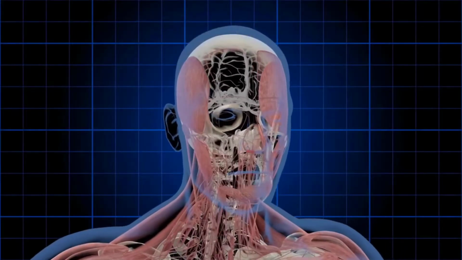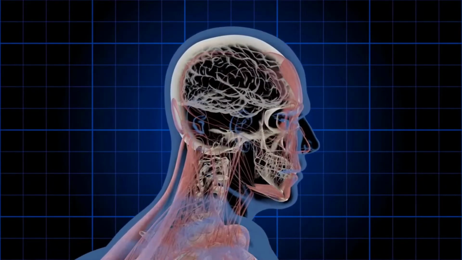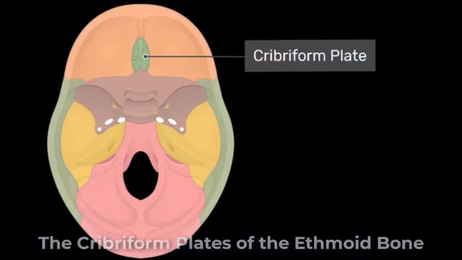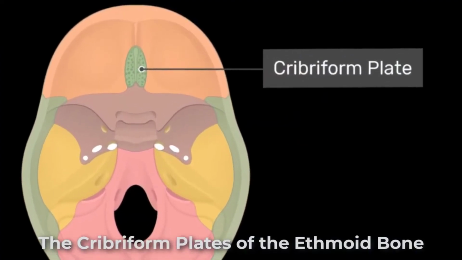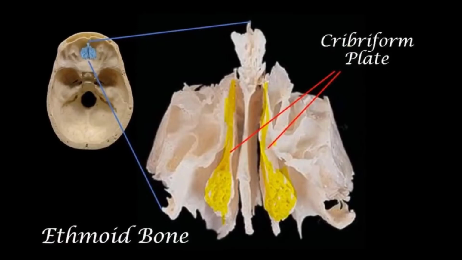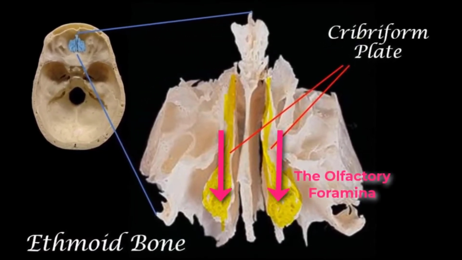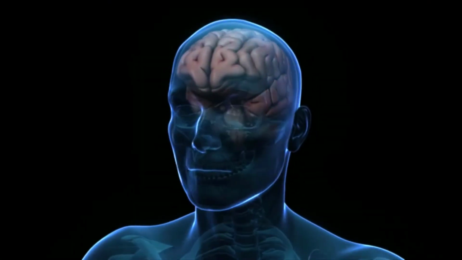This structure functions as an anterior attachment point for one of the covering layers of the brain. To either side of the crista galli is the cribriform plate. The cribriform plate is a small flattened area with numerous small openings termed the olfactory foramina. Small nerve branches from the olfactory areas of the nasal cavity pass through these openings to enter the brain.